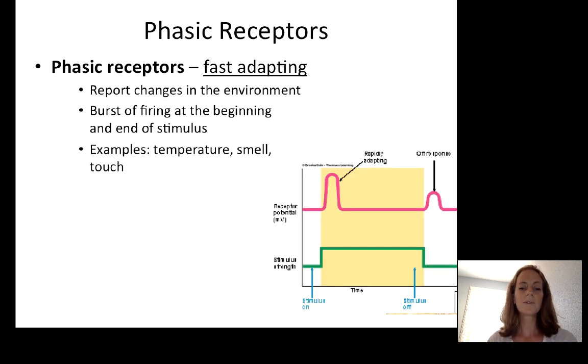Phasic receptors are fast adapting, and they generally look like this. They will turn on when there's new information. If that stimulus continues, that's this green line here, they will stop responding. When the stimulus turns off, that's also new information, so they might have a little blip of activation when the stimulus turns off. Some examples of fast adapting receptors are temperature receptors, olfactory or smell receptors, and touch receptors.